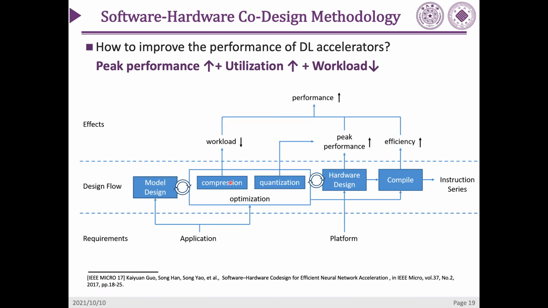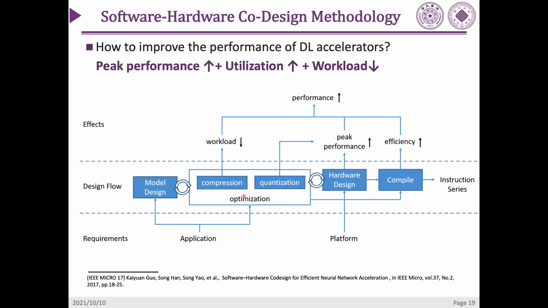And then you may use some optimization methodology, such as compression. That means you make some of the weights into 0. And quantization, that means you make the 32-bit representation number into 8 bits or even 1 bit, for the weights and the internal numbers.